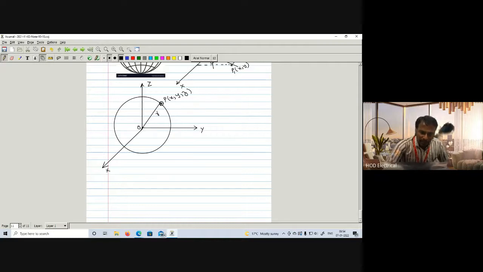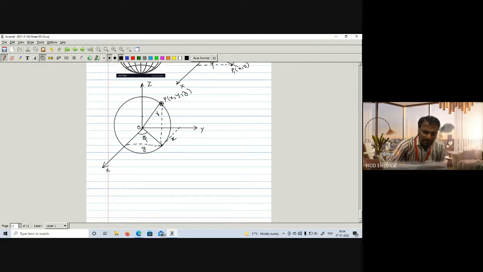Then we take the projection of this point in the xy plane, as we already did in the Cartesian coordinate system. This is the y distance, and this is the small x distance. It creates one plane, and this is the projected point. We take this angle as phi.